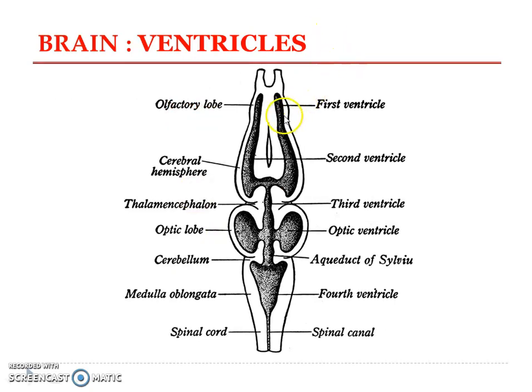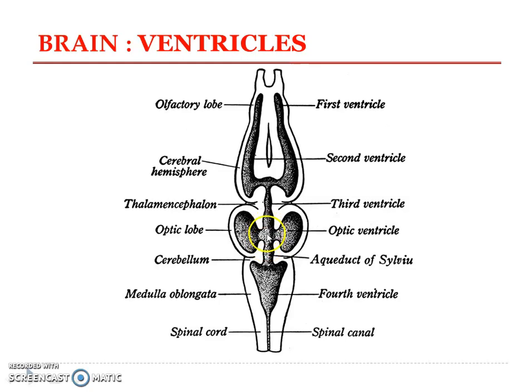Here you can see the ventricles in the olfactory lobes, a pair of rhinoceles. Then you have a pair of lateral ventricles. Then we have the diacele. The diacele and the lateral ventricles communicate by the foramen of Monro. The next ones are the ventricles in the optic lobes, the optoceles. These two optoceles are independent.